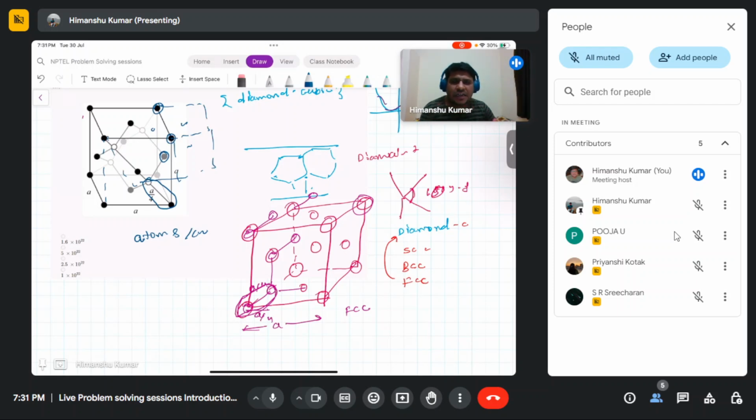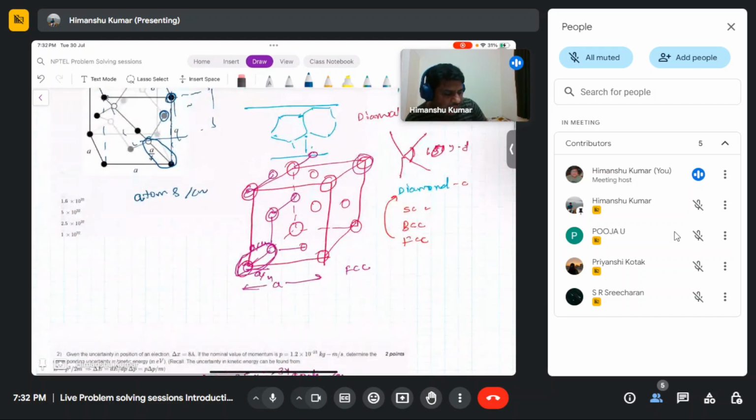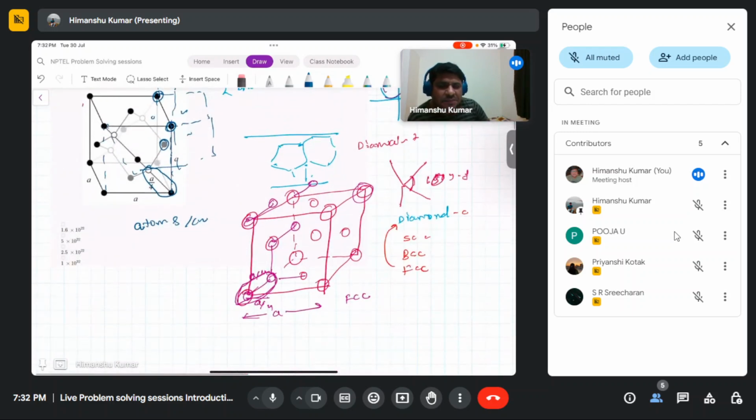And at this vertical plane, if you extend this, it is also shared by 4 unit cells. So basically each corner is shared by 8 unit cells. So the contribution in this particular unit cell of the corner atoms, and a total of 8 corner atoms are there.